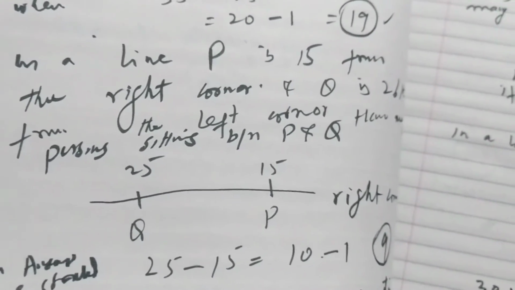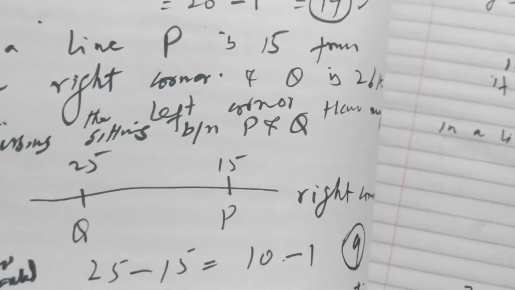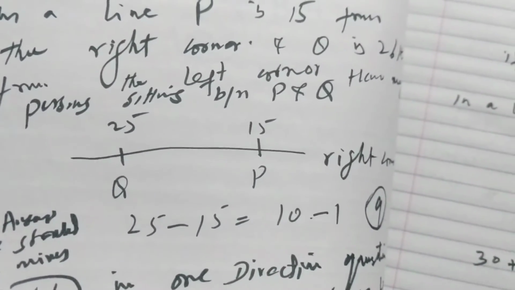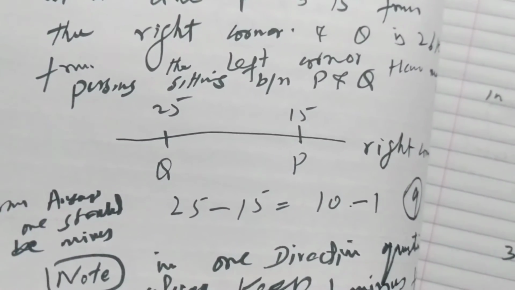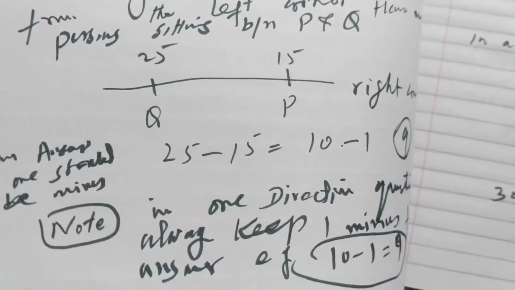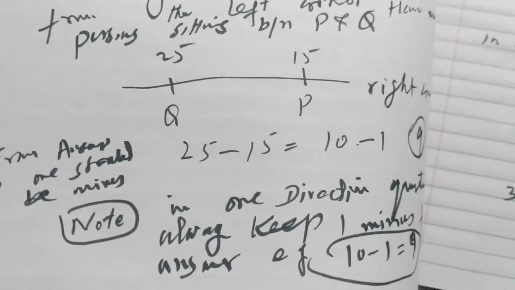Another question with the same pattern. In a line, P is 15 from the right corner and Q is 25 from the right corner. How many persons are sitting between P and Q? Same procedure. This is the left and this is the right corner.